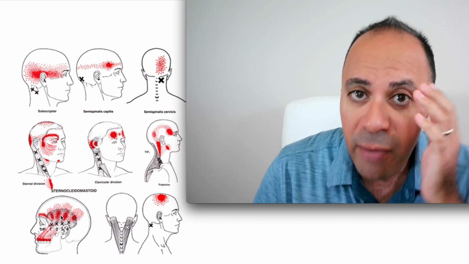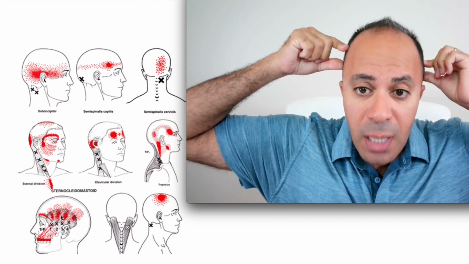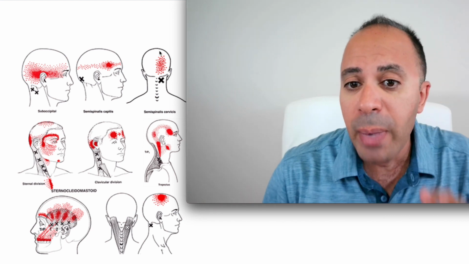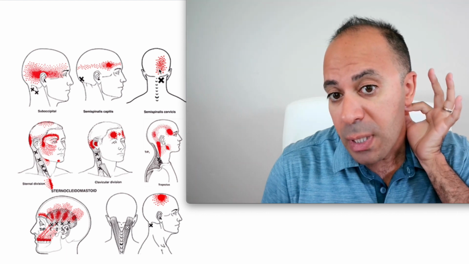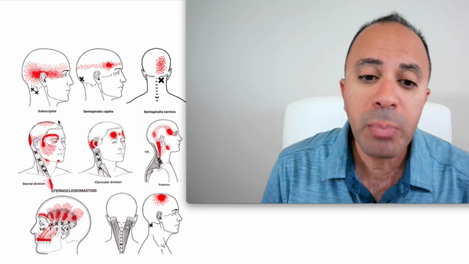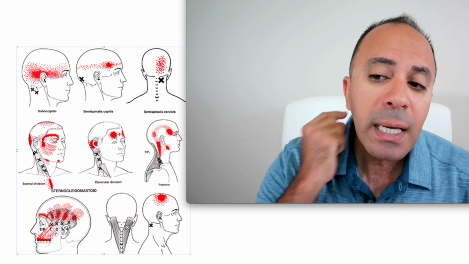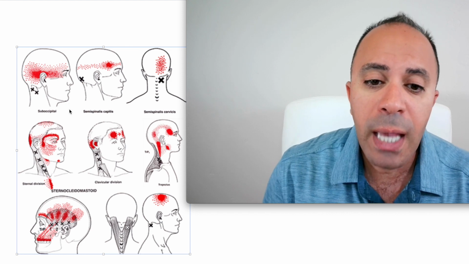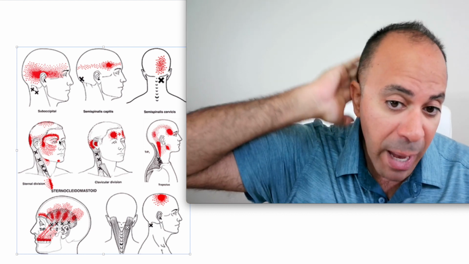So you could have it like a band in this area, or a band around the front or the side, or you can have it like a band like this in the occipital area from the top of your head going down to your neck. And some people could feel it in the SCM. You see it here in this area across the neck, with some eye tightness around the eye and the back of the head.